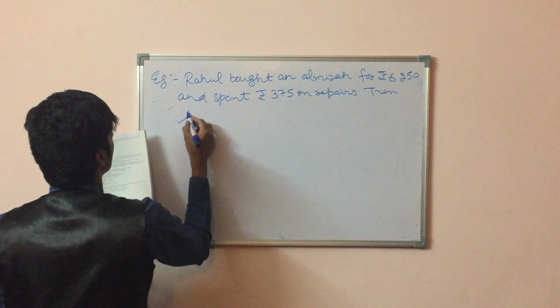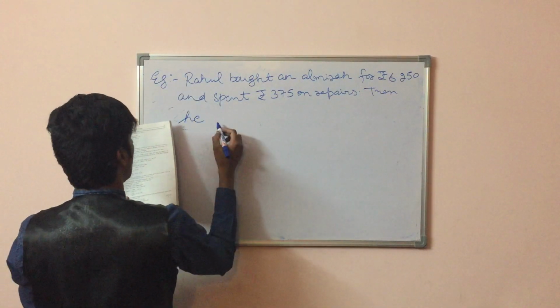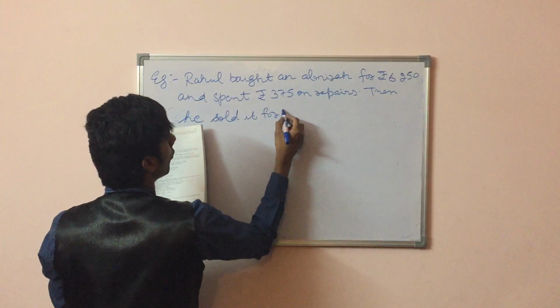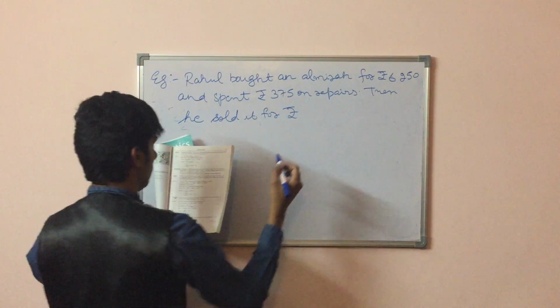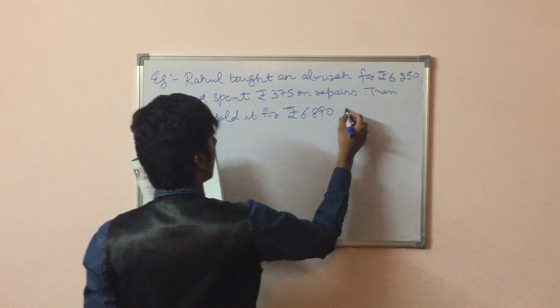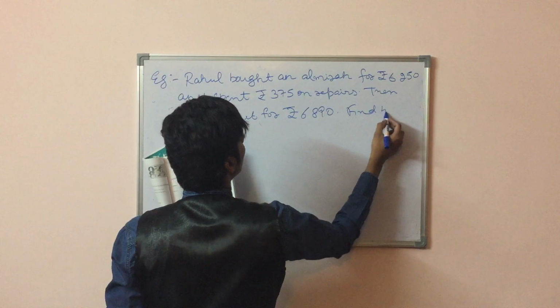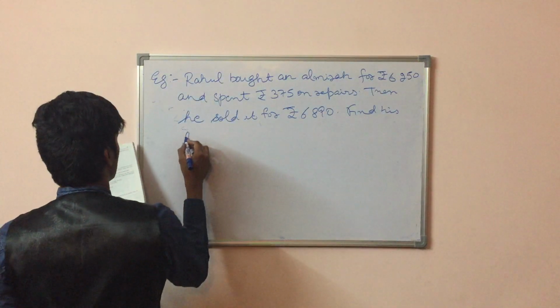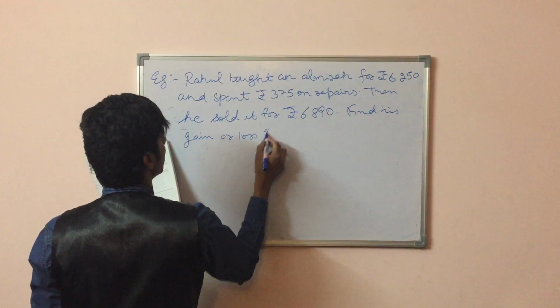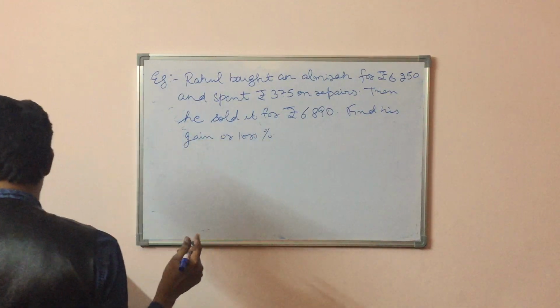Then he sold it for rupees 6890. Find his gain or loss percent.